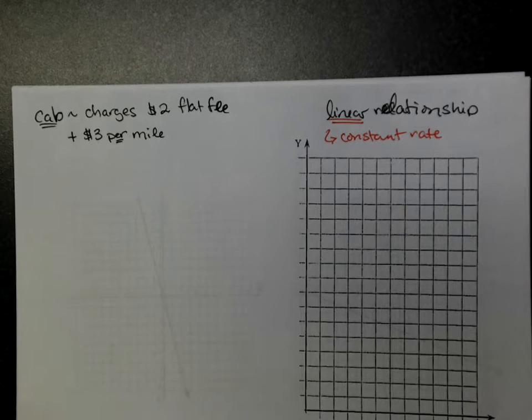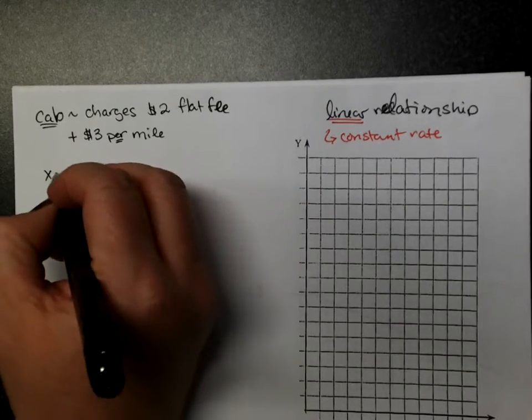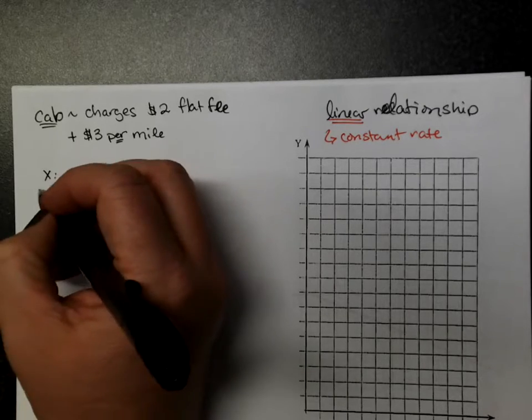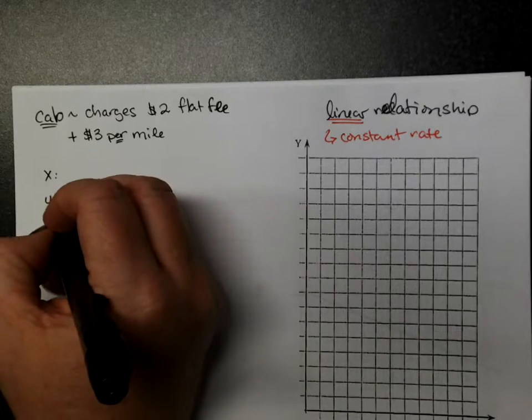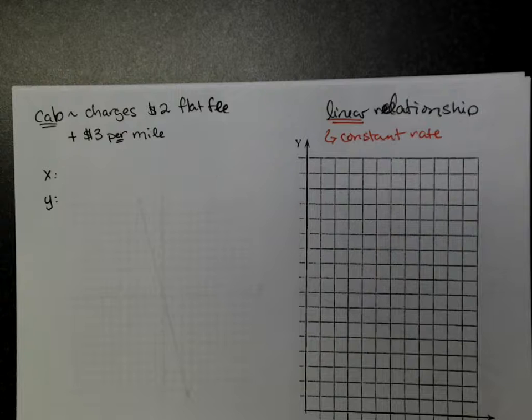Okay, so if we were to both graph this and write its equation, let's start off by defining our variables. So x and y. I already said how much this cab costs is dependent on miles.